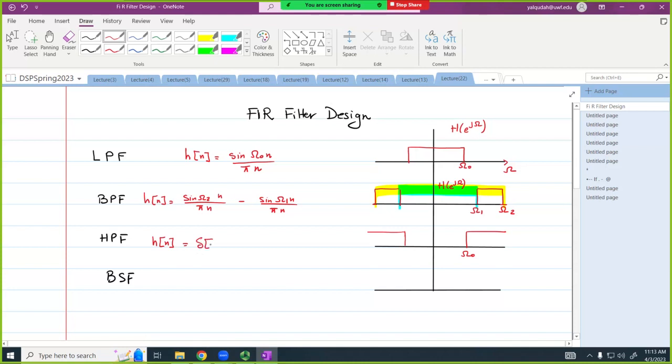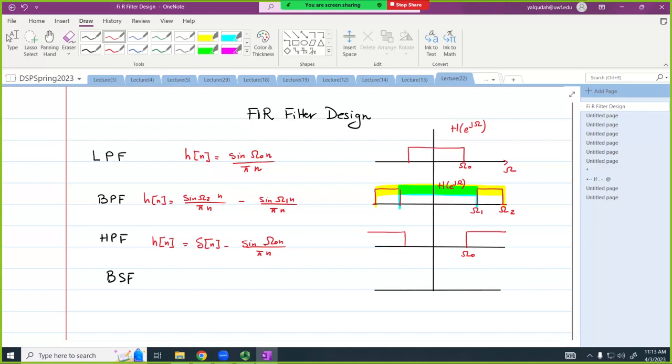How about a delta of n minus sine of omega 0 n divided by pi multiplied by n? What is the frequency response of a delta? A constant. If I take a constant and subtract from it this, what is it going to be left? This.